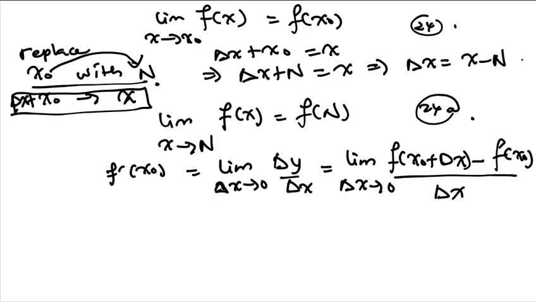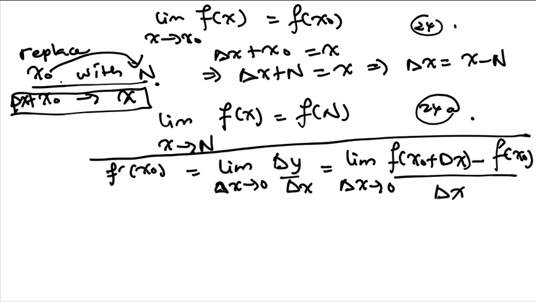Okay. So now, as you can see, we want to check differentiability of a function at x naught, and the differentiability condition is written as this. Now, because we have replaced x naught with n, and change in x plus x naught with x, we can rewrite this as the following. So you have f prime x naught become f prime n.